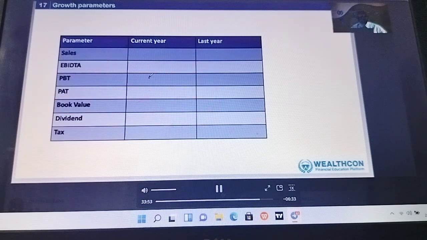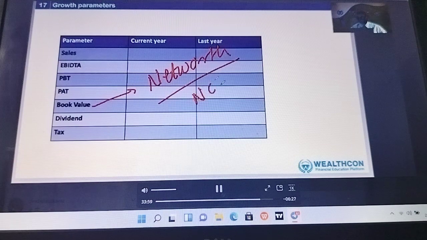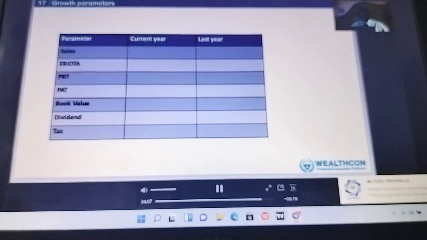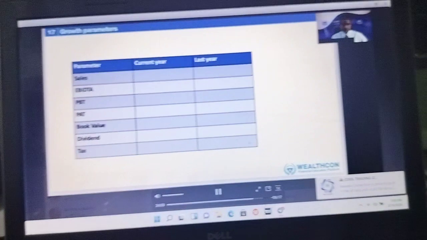Total equity is also called net worth. How much is the net worth of that company? Book value is the net worth divided by number of shares. Why is book value important? Because there is another ratio in valuation called the PB ratio, price to book value ratio.